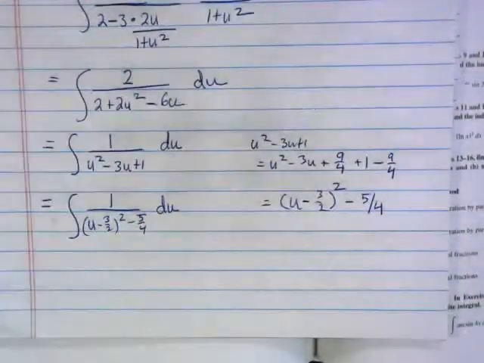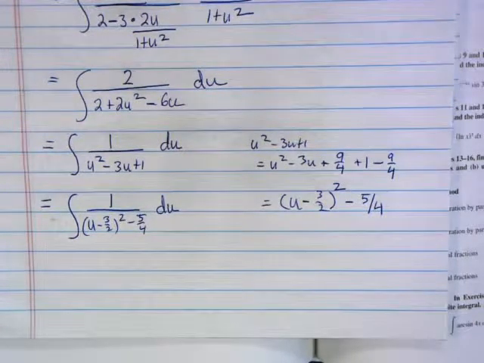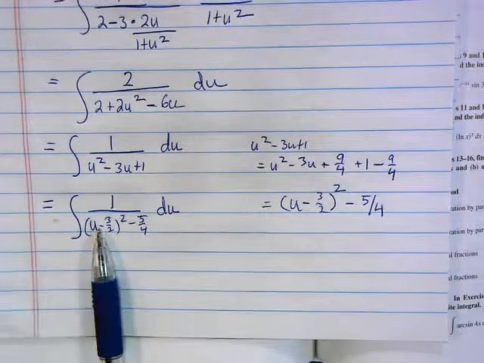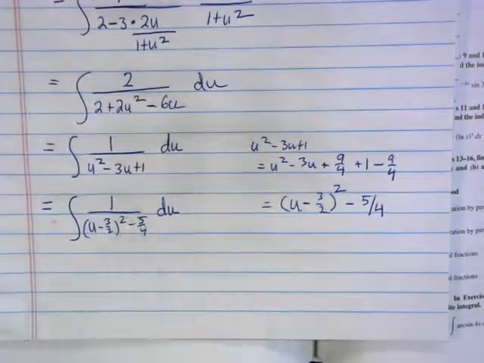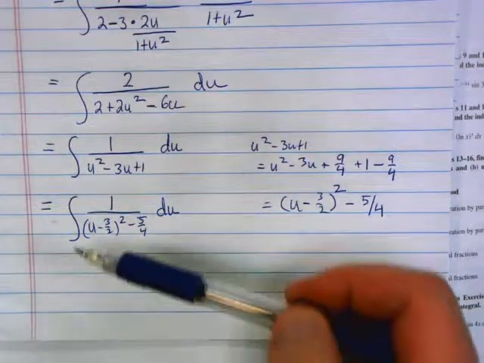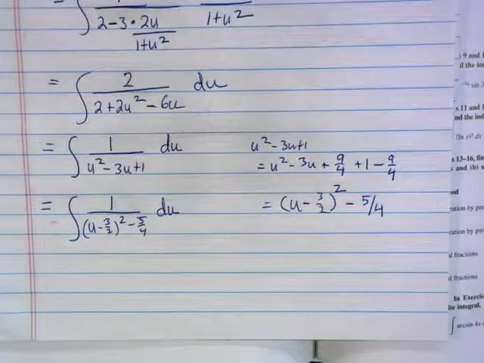Does that fit one of our magic formulas? It's in the form of u squared minus a squared. So what's that? It's not sine. Sine would have a square root there. What's that?